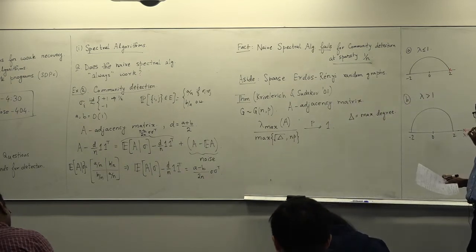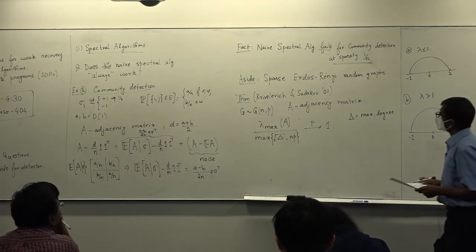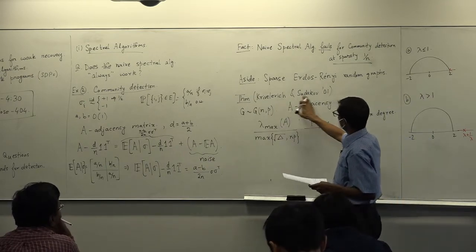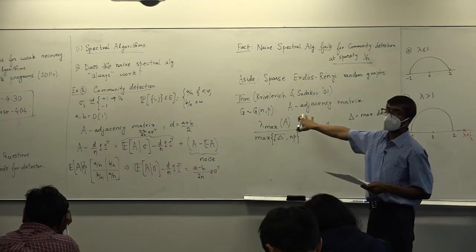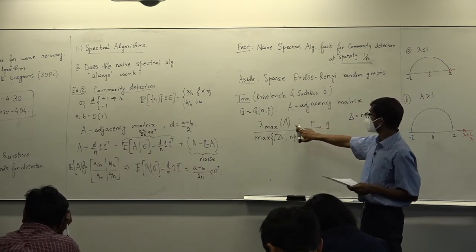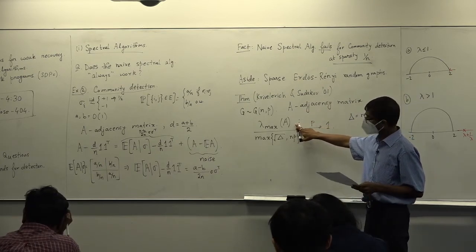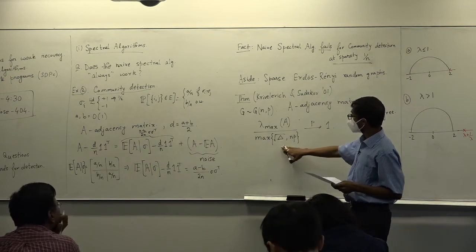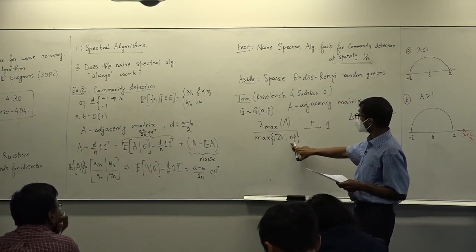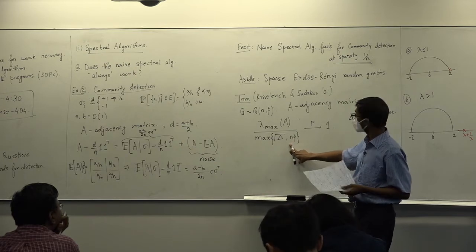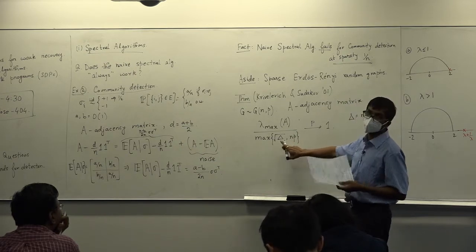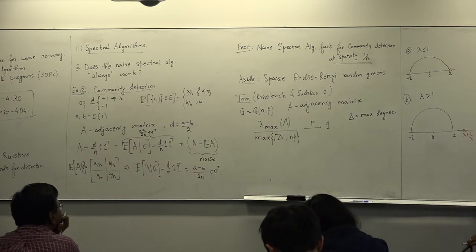So the result of Krivelevich and Sudakov essentially says that if you look at the maximum eigenvalue of the adjacency matrix of an Erdős-Renyi graph, it's essentially governed by the maximum of two things: either np, which is the expected degree in your graph, or the square root of the maximum degree. Okay?